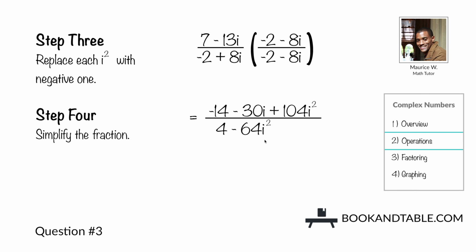So now that we've multiplied the numerator and the denominator by the conjugate of the denominator, we have two different i squared terms in our expression that we want to replace with negative 1. Positive 104 times negative 1 gives you negative 104. And negative 64 times negative 1 will give you positive 64 here.